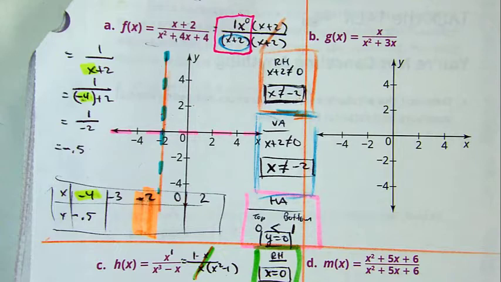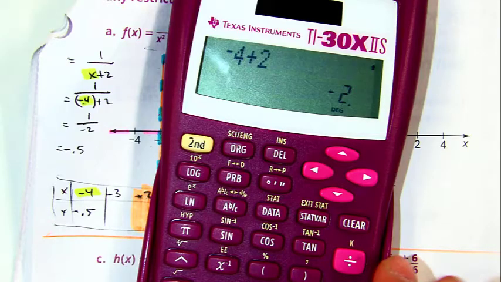This calculator does not have it. So I'm going to press 1 divided by -2. And that gives me -0.5. Remember, if you want to go from f to d or d to f, that goes from fraction to decimal. You just press the equal sign and it keeps going back.